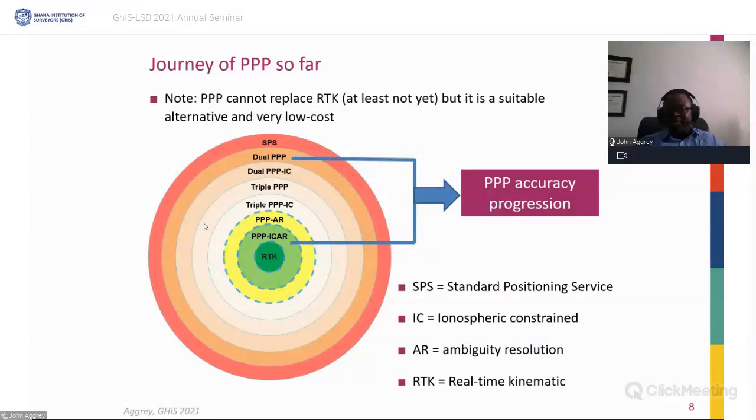Initially, when PPP began about 20 years ago, it was giving us a very low level of accuracy. In other words, we were getting about 10 meters of accuracy. But right now, we can actually get to the RTK level. As I've put in the small green circle around here, this is where RTK is.